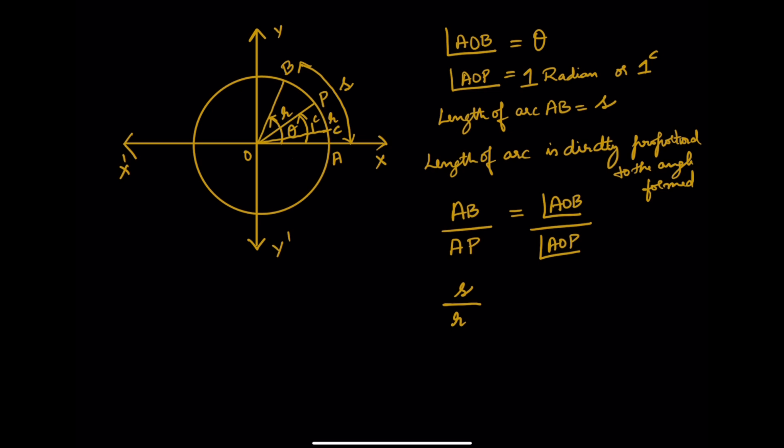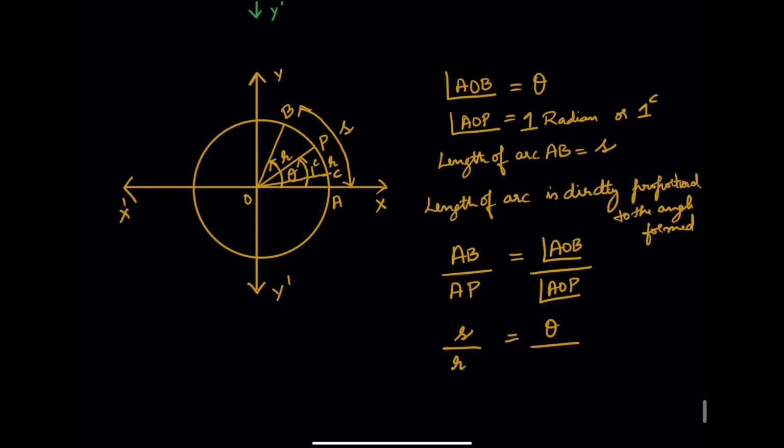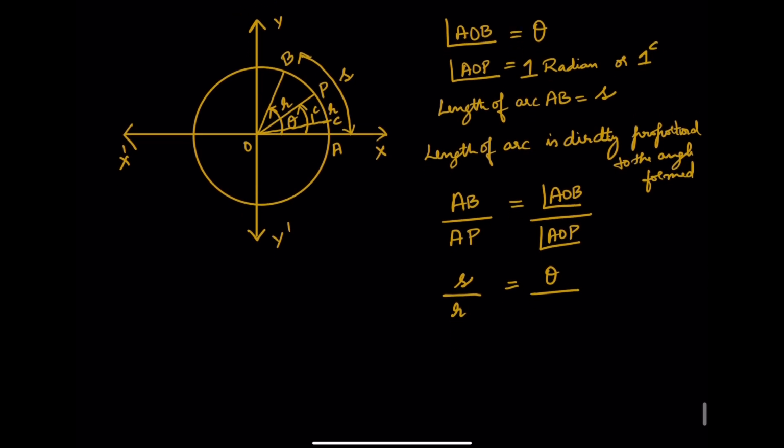So AP is equal to the radius of the circle, so let us consider it to be R. Now angle AOB, let us consider it as theta, and angle AOP is by definition 1 radian, because the length of arc AP is equal to the radius of this circle. So we can write it as 1 radian.